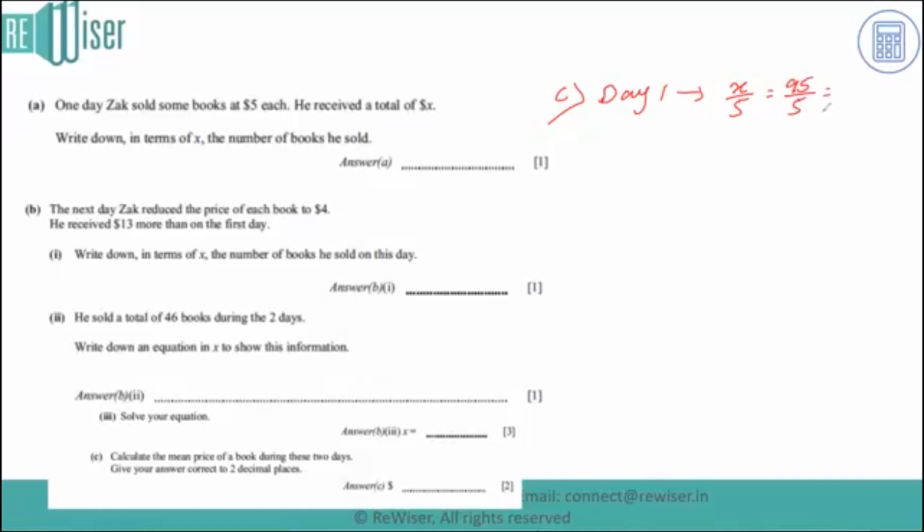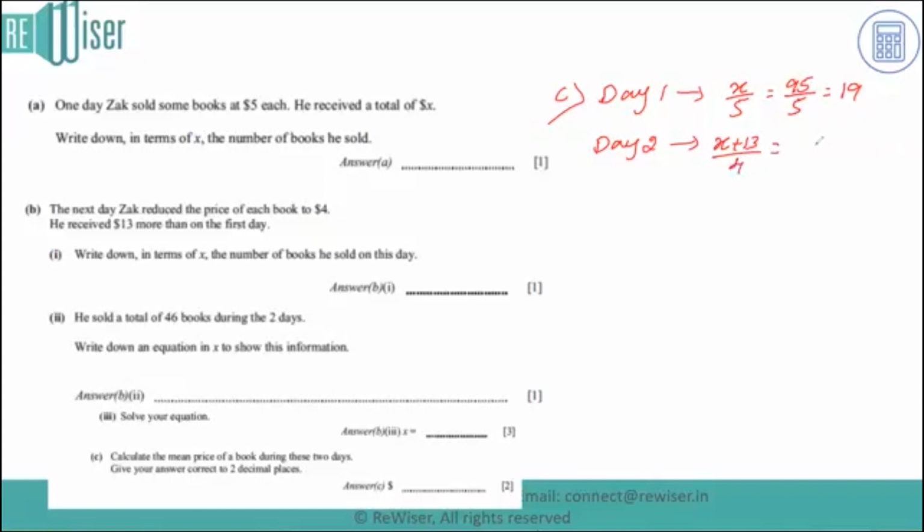95 over 5 is nothing but 19. And next, for day 2, we have sold x plus 13 over 4.